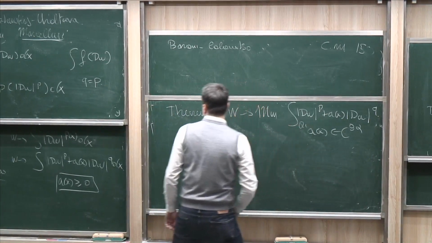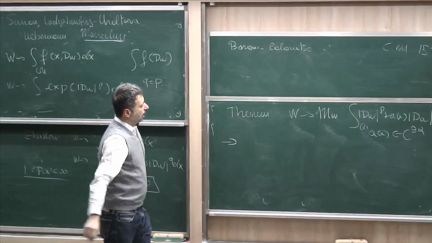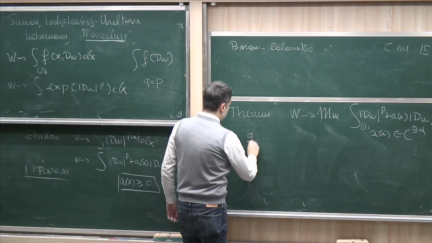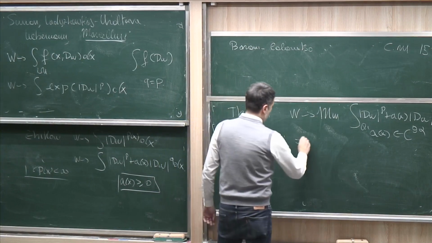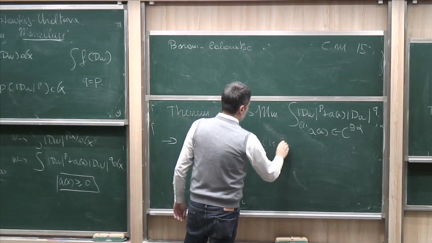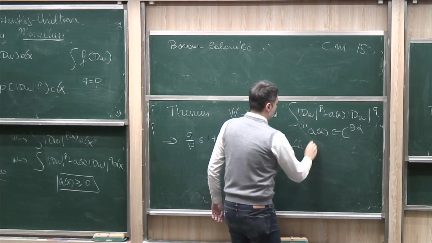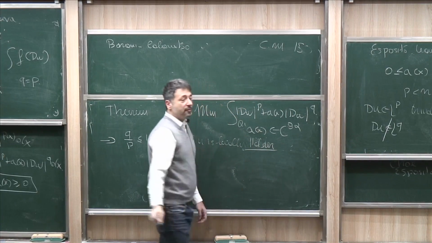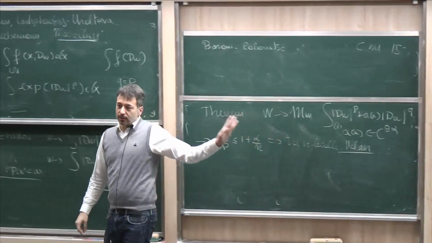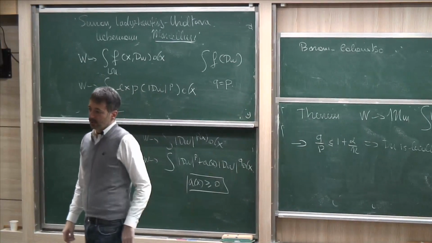So first, assume that q is less than or equal to 1 plus alpha over n times p, then Du is locally Hölder. So there's no difference between the usual p-Laplacian functional and this functional.